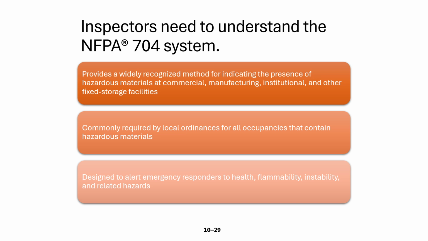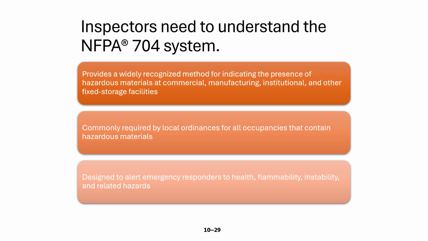system. It's a widely recognized method for indicating the presence of hazardous materials at commercial, manufacturing, institutional, and other fixed storage facilities. It's commonly required by local ordinance for all occupancies that carry hazardous material that a 704 placard or label is affixed in approved locations.